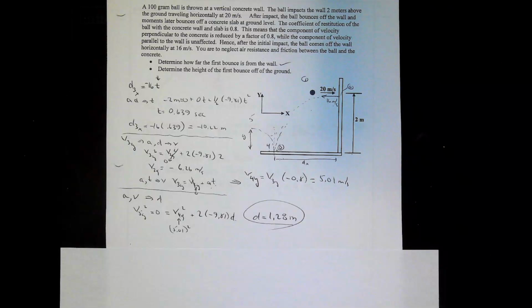That's fine. So as soon as I write that down, I go, I need time. Well, how can I get time? Well, the initial velocity coming off here is 0 in the y. I know exactly how far I'm going to fall. I know exactly acceleration.